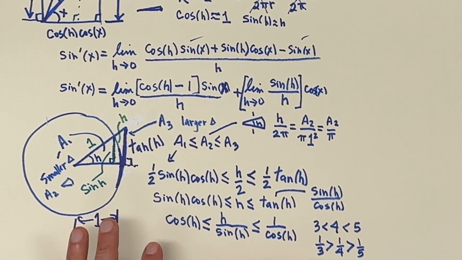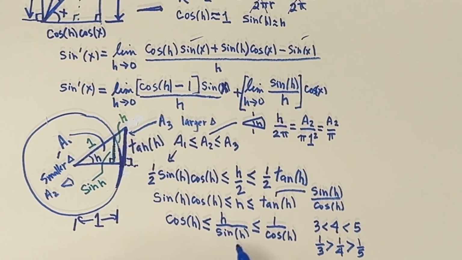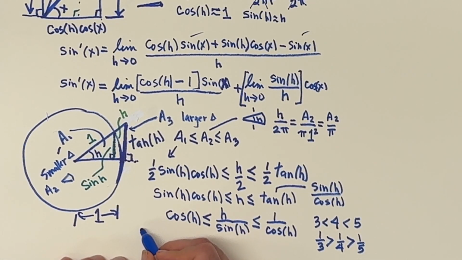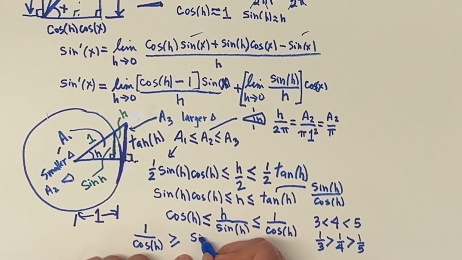So when I flip them, I need to change the less than sign to a greater than sign. So that's going to get me 1 over the cosine of h is greater than or equal to the sine of h over h, greater than or equal to cosine of h.